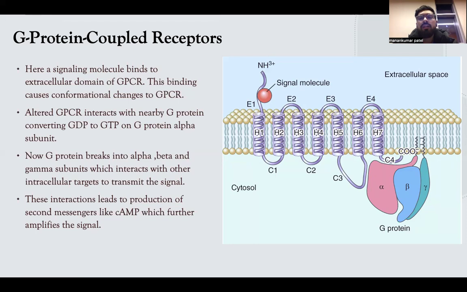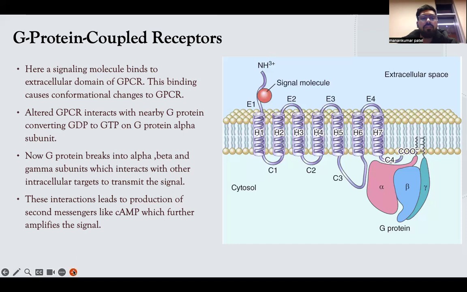Now this G protein will divide up into parts: alpha, beta, and gamma subunits, which interact with other intracellular targets to transmit the signal. This interaction leads to production of second messengers like cAMP, which further amplifies this signal to other intracellular targets.